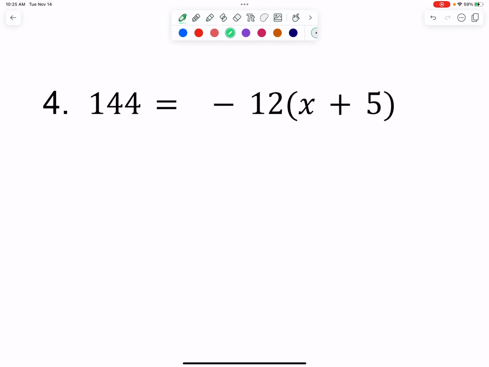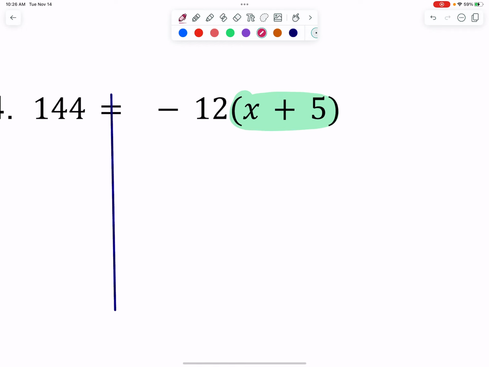For number 4, I'm going to start with my line. Now, I don't see any like terms right away, but I do see this right here. I see these parentheses with a number right in front. That indicates that we need to use the distributive property first.